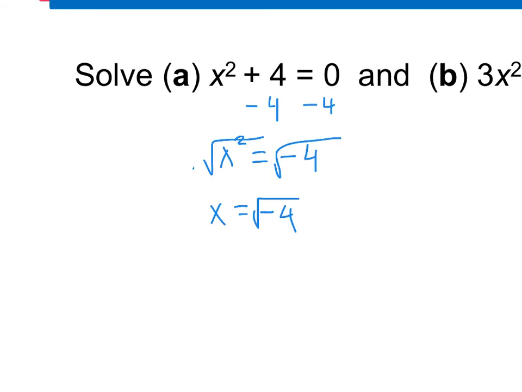How do we simplify the square root of -4? That'd be 2i, right? The square root of 4 is 2, and then the square root of -1 is i. So we would get x is equal to 2i.